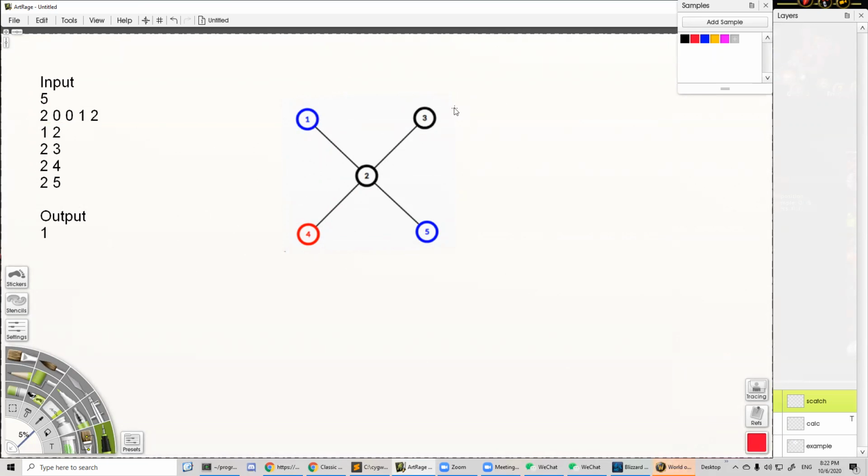First, I'm going to make this graph more like a tree. Actually, I cannot rotate this graph, so let's just think about it. Let's say this guy here is the root, right?